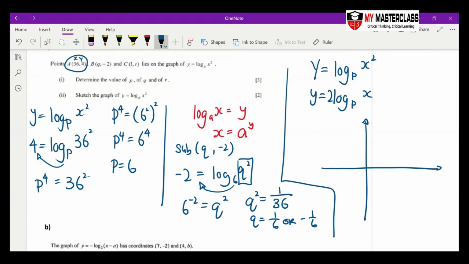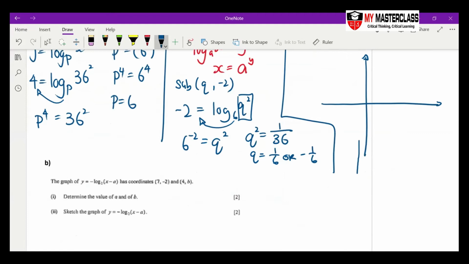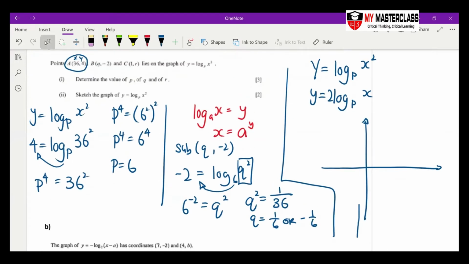So this is just a normal log curve. In actual fact, the 2 will affect the y values, but in a sketch, it doesn't affect any of the major points.